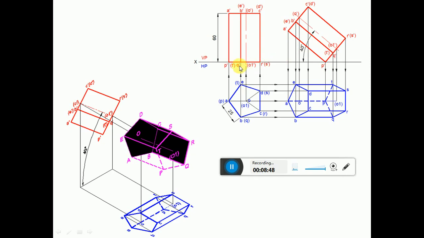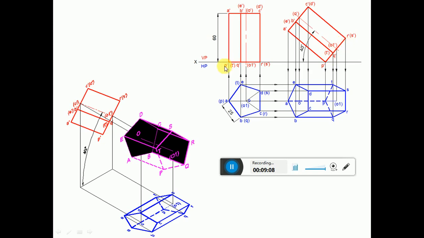Then with P dash as center, take the radius of P dash A dash, which is 60 mm, using the compass. Again with P dash as center, cut an arc on this line. You are going to get the point A dash. Similarly, you measure the length from P dash to R dash, and from P dash cut an arc on this to get the point R dash S dash.